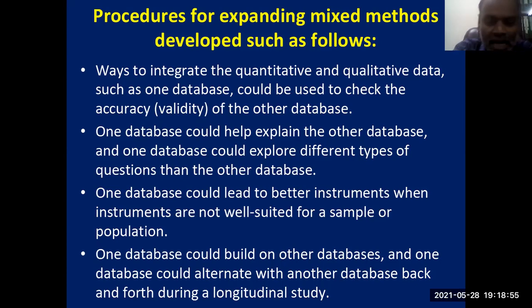One database could be an alternative to another database, back and forth during longitudinal studies. If you are doing a longer period of study, sometimes you can start with quantitative, but later you can incorporate qualitative tools as well. So over a longer period of time you can do your study combining both the quantitative and the qualitative. In several ways you can expand the scope of mixed method.